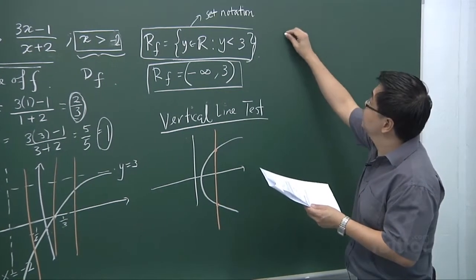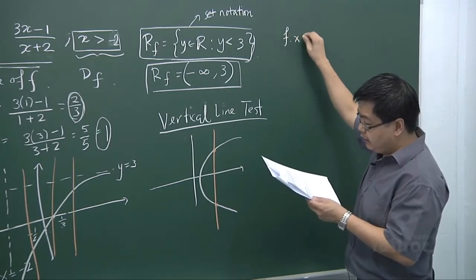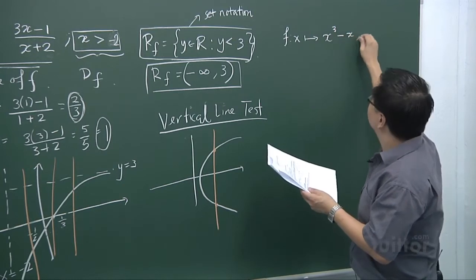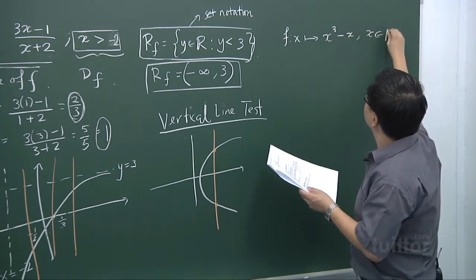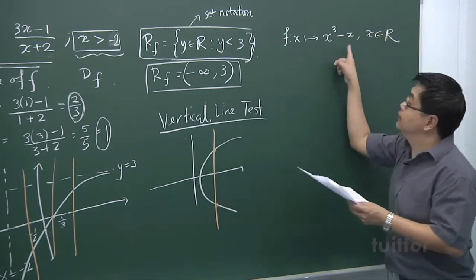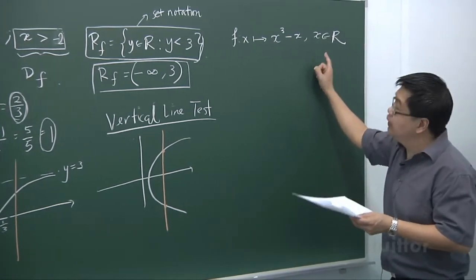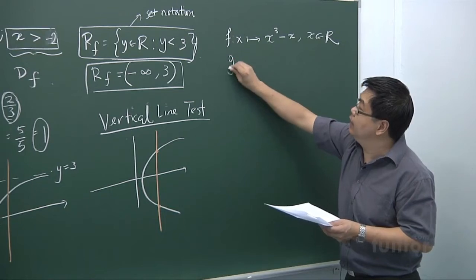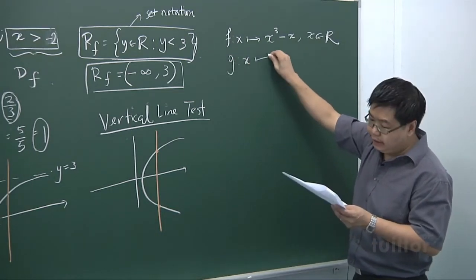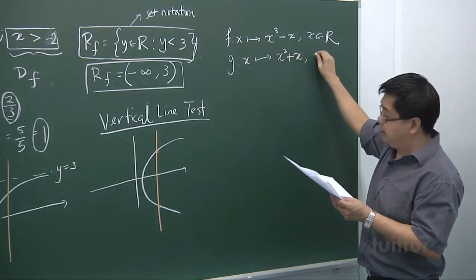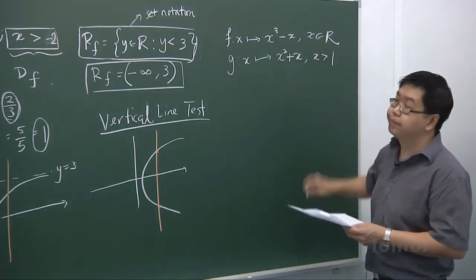The first function is f(x) given by x cubed minus x, where x is a real number. Now this is the rule of the function, and this is the domain of this function f. And then it also gives us another function, g(x) equals x squared plus x, and x greater than 1.